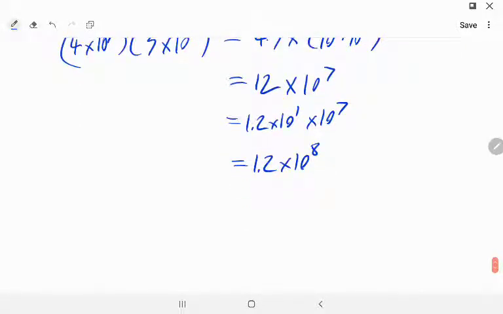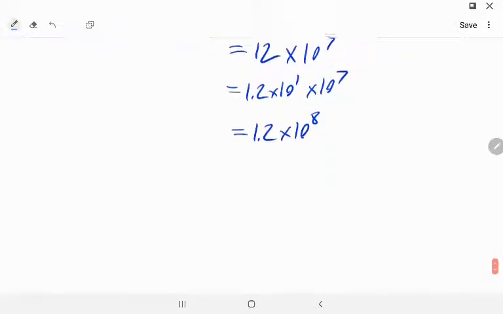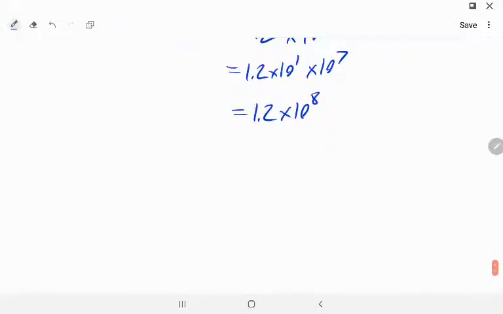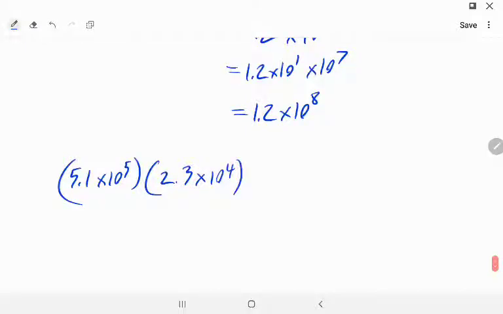If we had something a little more exotic, we could try looking at 5.1 times 10 to the 5th times 2.3 times 10 to the 4th. We notice that the 5.1 times 2.3 we have to do separately.